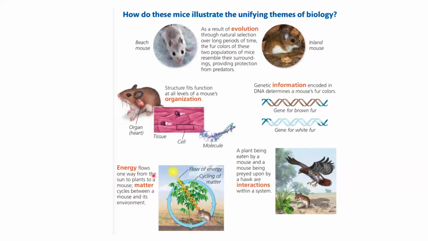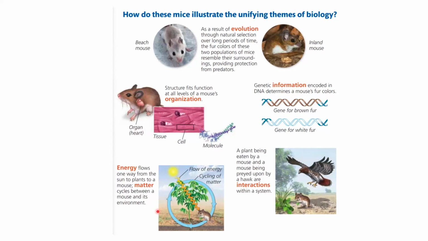And then, yes, you have this aspect of energy flow, where energy flows one way from the sun to plants to a mouse, and matter then cycles between the mouse and its environment. At the end of the day, all the energy that the organisms on Earth use is coming from the sun, and we have this symbiotic, or cyclical, relationship with plants that we're going to see in a little bit, where plants, through their metabolism, produce oxygen, to be more specific.